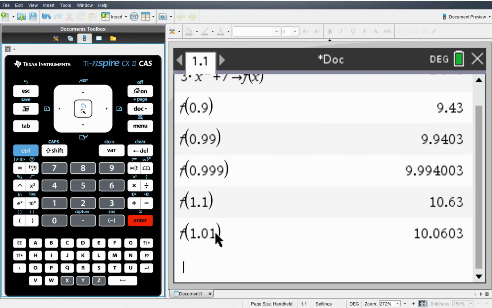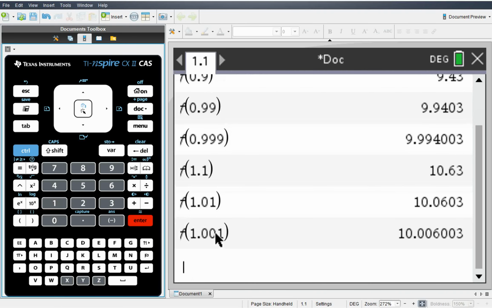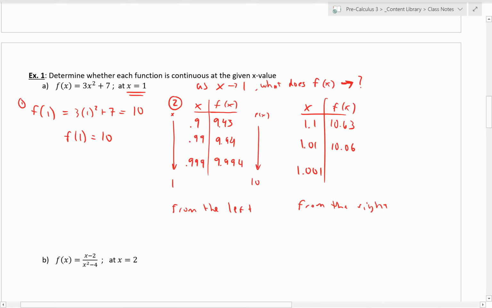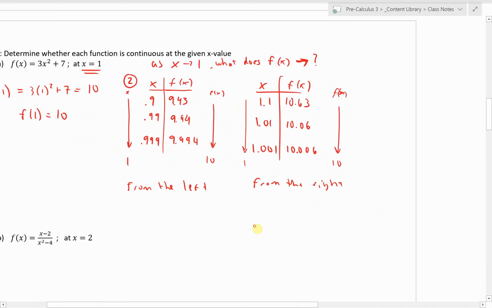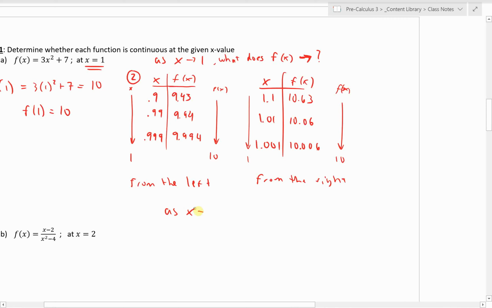And already we can see where this is going. F at 1.001 would equal 10.006. And it looks pretty clear that in the same way as x goes toward 1, f of x is going toward 10, but just from above. So in both cases, as x goes toward 1, f of x goes toward the same value of 10.